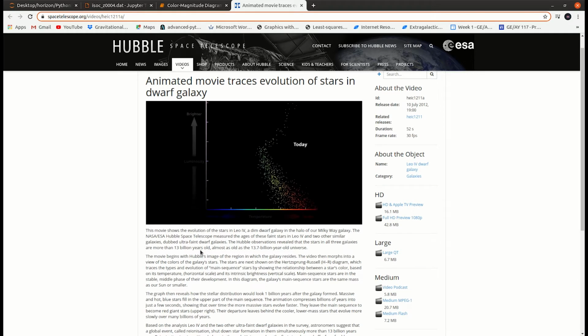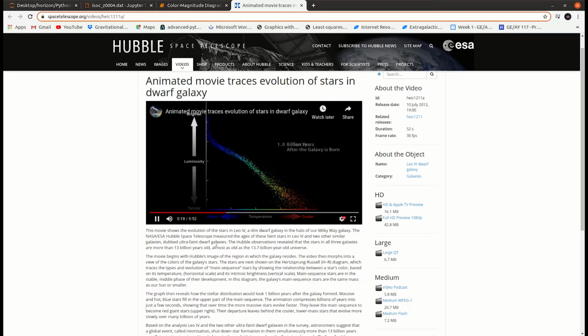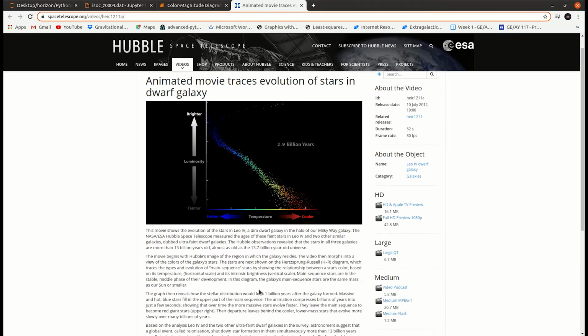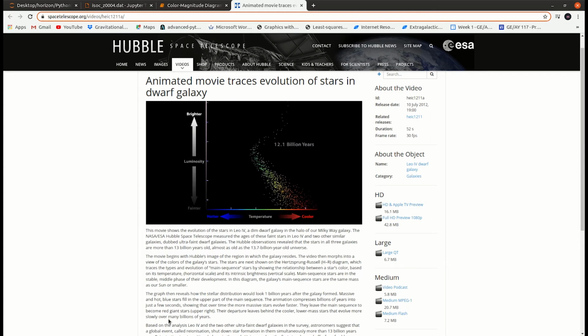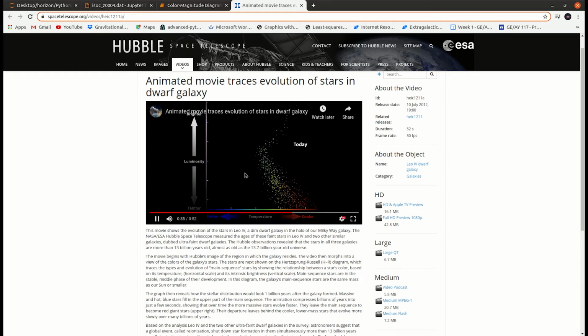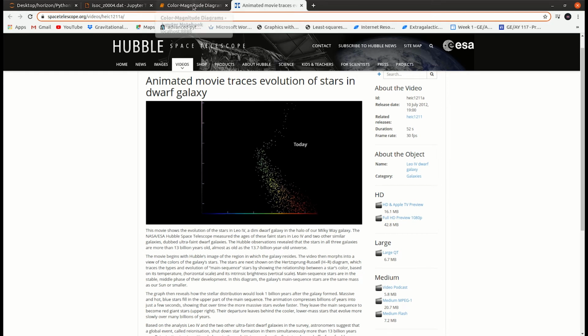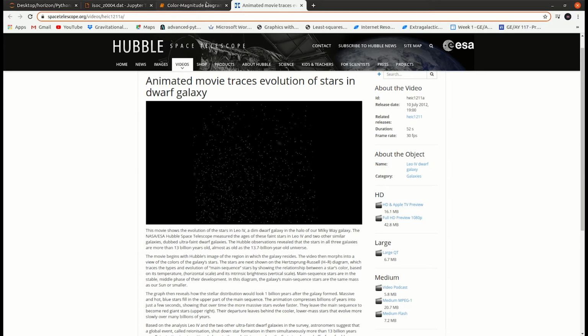This is the current scenario where you have more of the brighter objects, and after 1 billion years it looks something like this. Then you can observe how it evolves towards the red giant branch, and how the main sequence turn off happens here. So this is essentially it. You can go through this animation later.